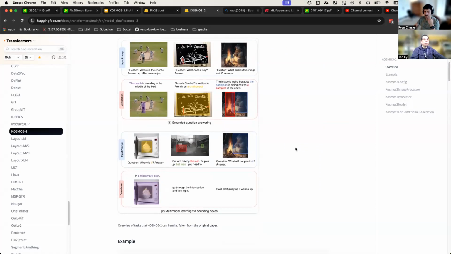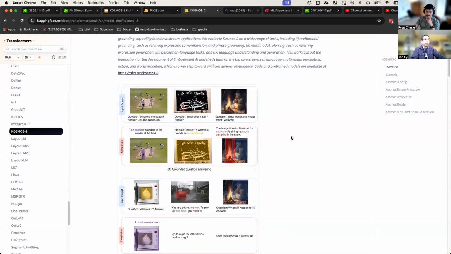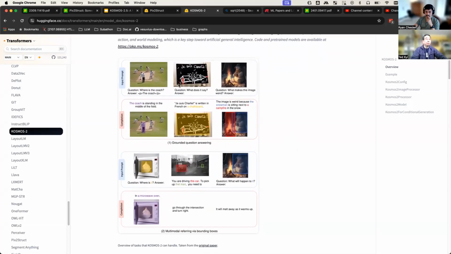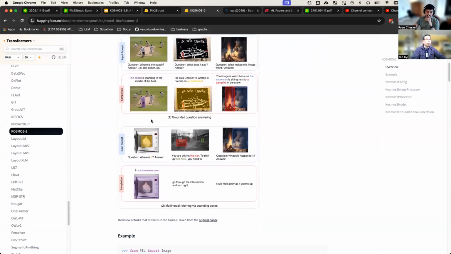And so the input format on this was really interesting, I thought. You can do things in all kinds of different formats. You can give an image and then ask a question of that image. And that's a common multimodal thing. But even beyond that, you can draw bounding boxes of specific things and ask questions of that specific thing.